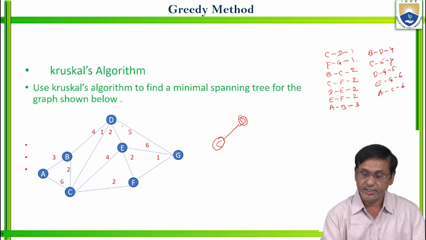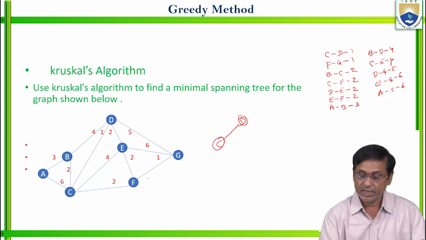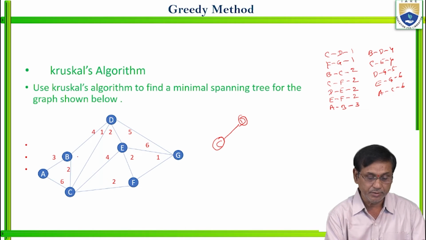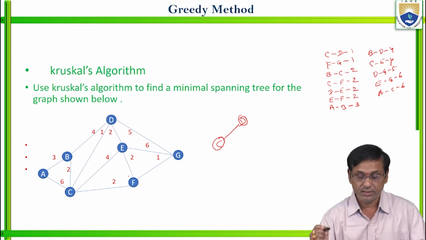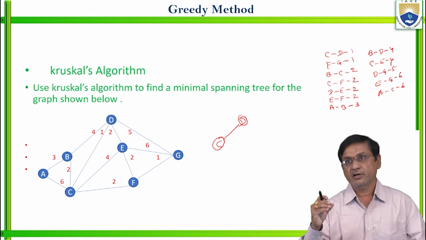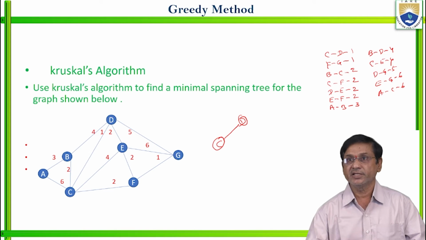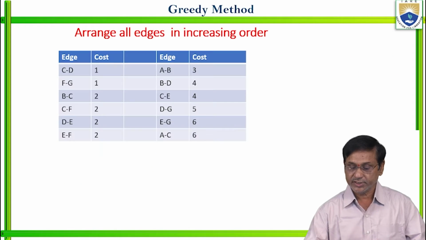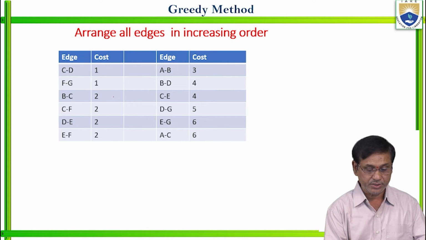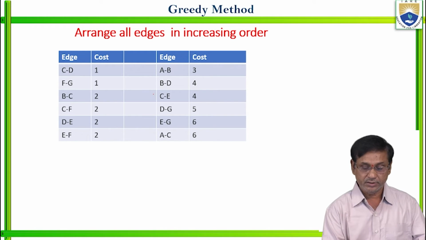So first CD is 1, then FG is 1, then BC is 2, then CF is 2, then DE is 2, then EF is equal to 2, and AB is 3, then BD is 4, then CE is 4, then DG is 5 and AC is 6. Now you see here CD 1, FG 1, BC 2, CF 2, DE 2, EF 2, AB 3, BD 4, CE 4, DG 5, EG 6 and AC 6.